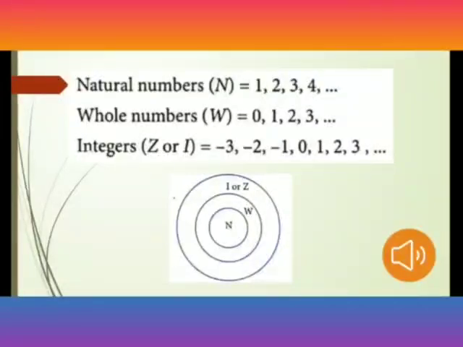Natural numbers is a set of numbers starting from 1, 2, 3, 4 and so on. You can see the whole numbers, a set of numbers that starts from 0, 1, 2, 3 and so on. And you can see the integers, which is denoted by Z or I. You can see minus 3, minus 2, minus 1, 0, 1, 2, 3 like that. You can see it in the figure given in this slide very well.